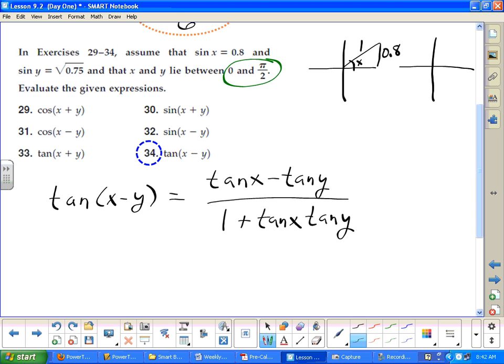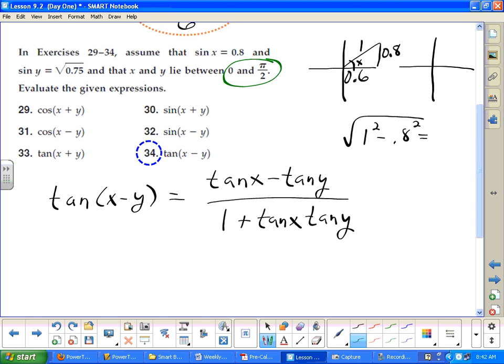So we would have 1 squared minus 0.8 squared, which equals what? All right, we're using the Pythagorean theorem here. All right, 0.36, right? And what's the square root of 0.36? 0.6. All right, so our x is 0.6 here. All right, you okay with that, Ben?